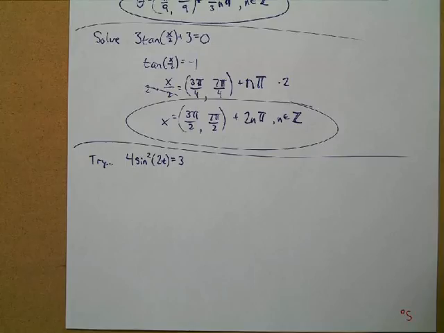Also, this would divide by 2. Not only that, but the period also divides by 2, so it should be n pi. This will not cancel out that because it's inside out.